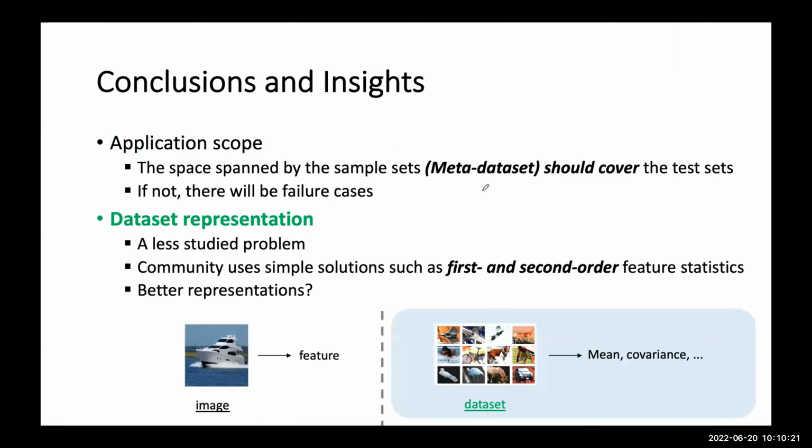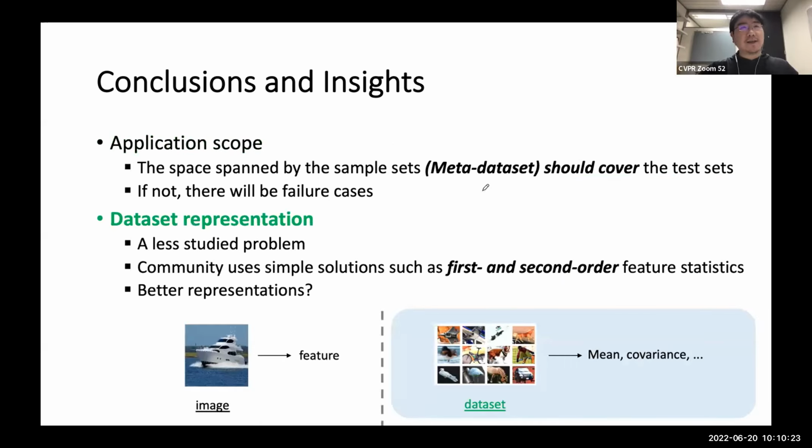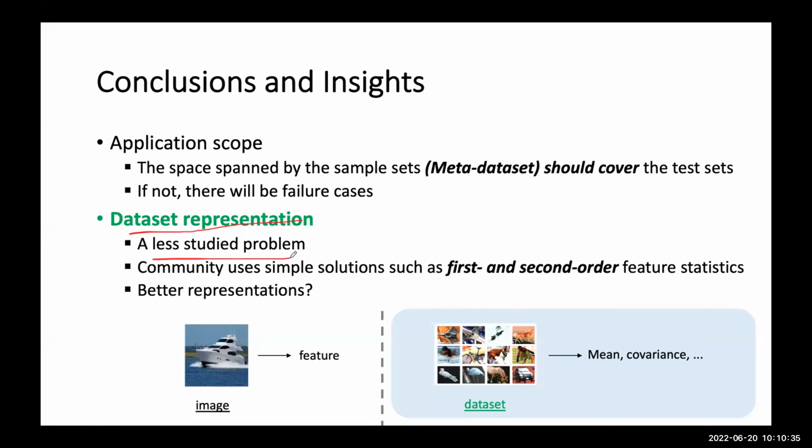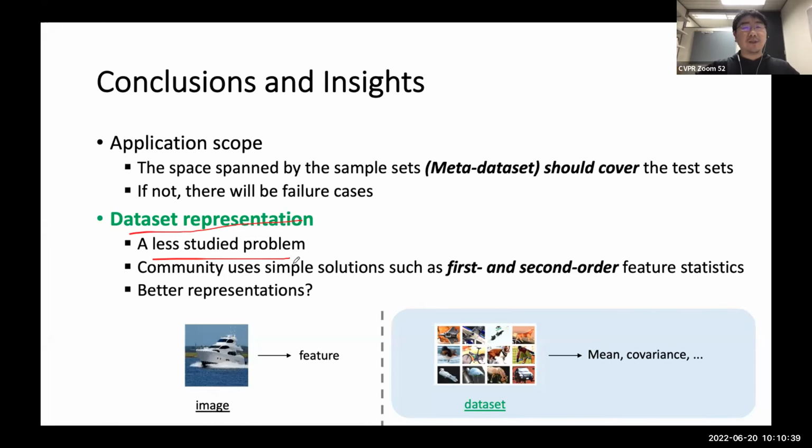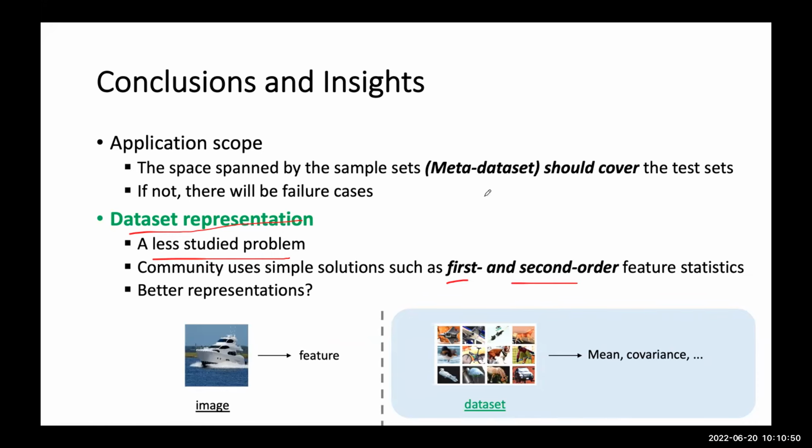Another interesting insight that I want to point out is dataset representation. It is a much less studied problem compared with image representation, which we study a lot. The community now uses simple solutions, such as first and second order feature statistics and other very simple intuitive dataset representations.